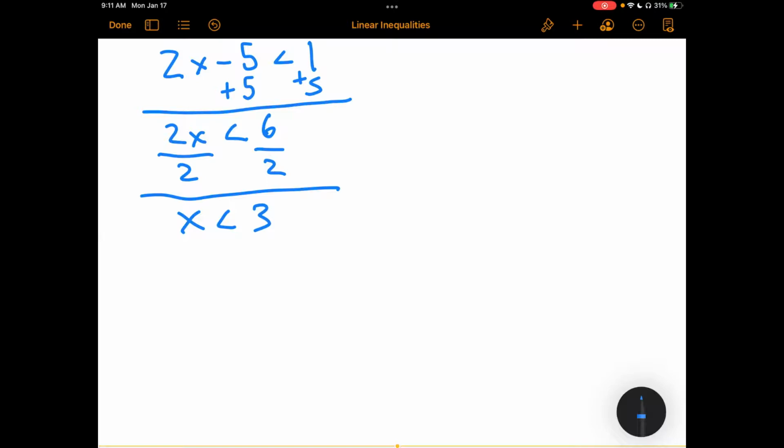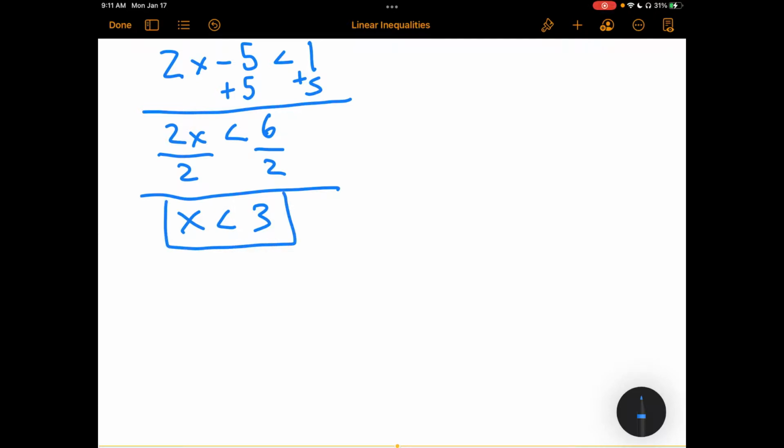Again, we did not flip the sign because even though we did divide, the 2 was a positive number, so we were able to keep that sign the same. Now, if that 2 was negative, we would have had to flip our sign. What I mean by flip is it would have read x is greater than 3. But in this case, because it was a positive number, we kept the sign the same. And so our solution to this problem is x is less than 3.